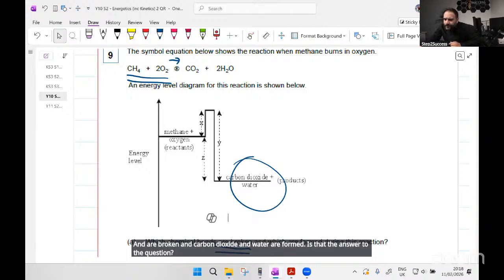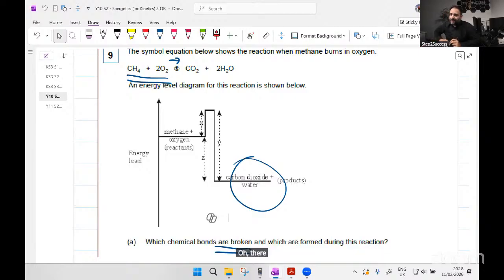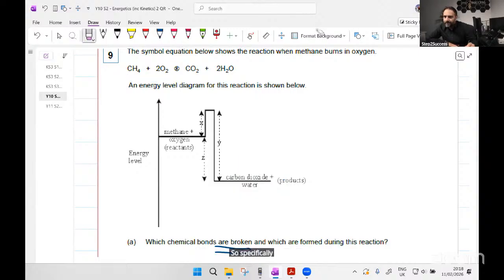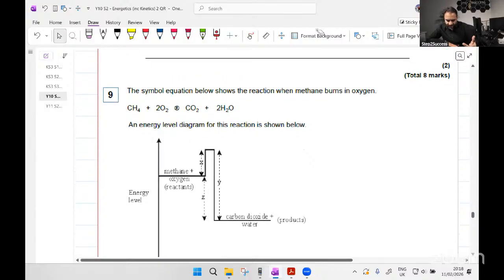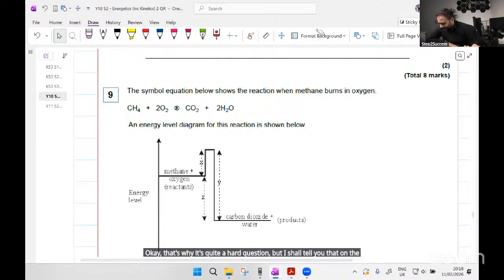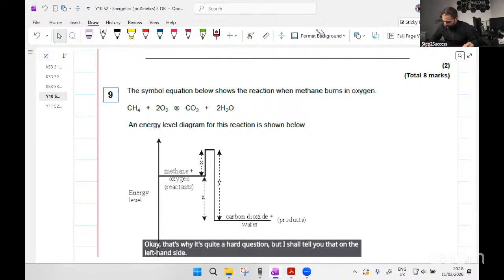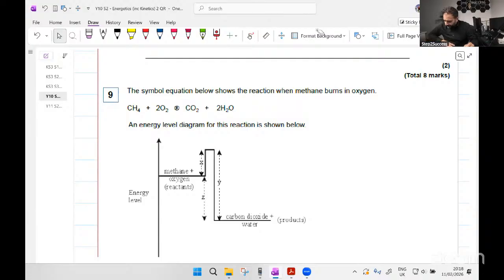Oh, there's more detail to that. Specifically, that's quite a difficult question, actually. I shall tell you that on the left-hand side, we have these CH bonds that get broken.